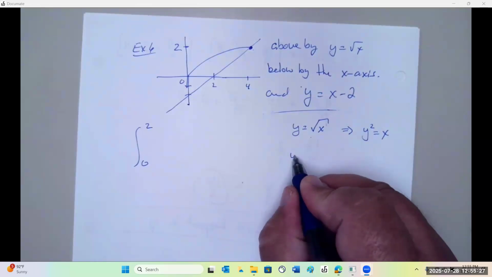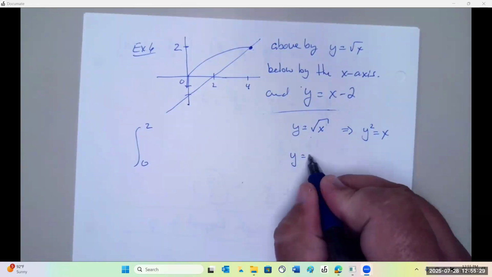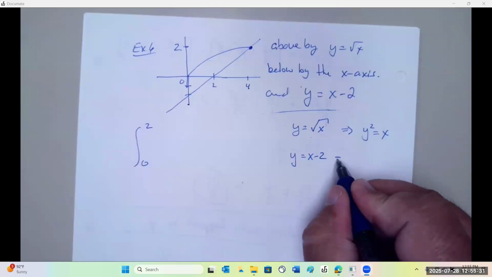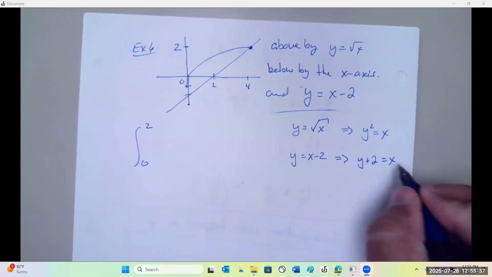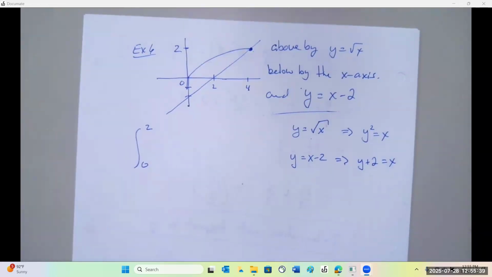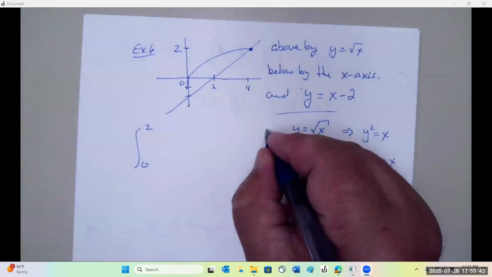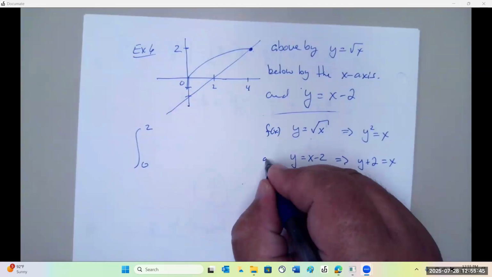And then our second one. Y plus 2 equals x. Remember, this is f of x, this is g of x.